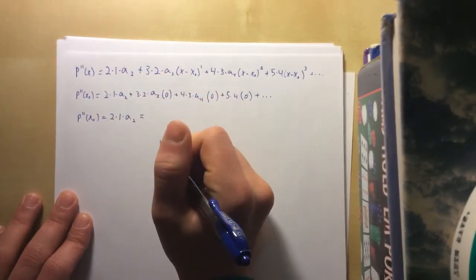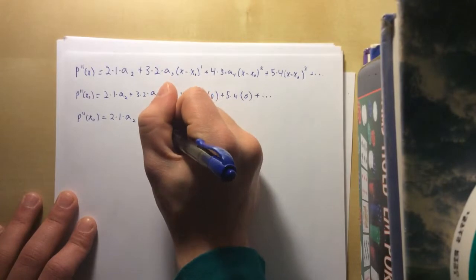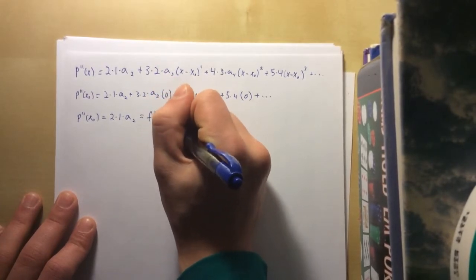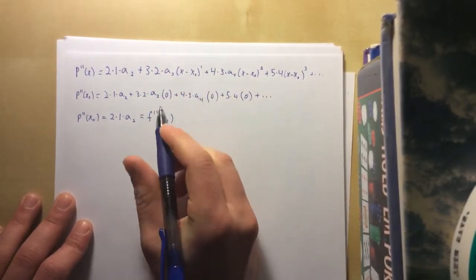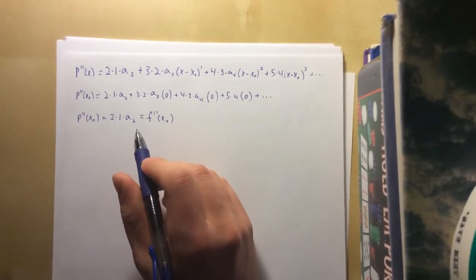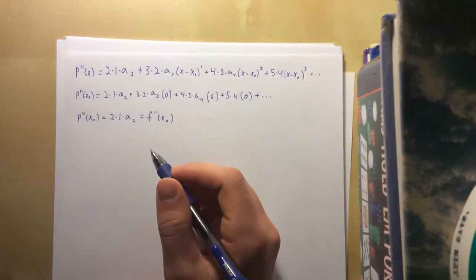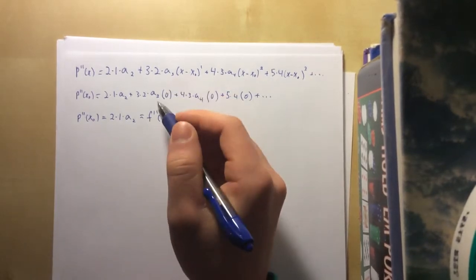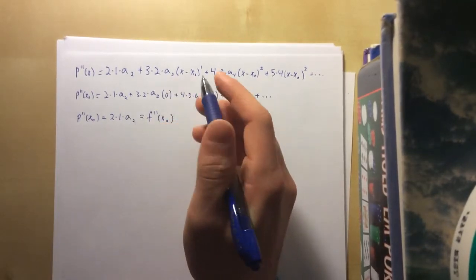And remember that that's equal to the second derivative of our function of interest, because p is a representation of f. And well, we want to solve for our constants. And if we want to solve for our constant, we'd have to divide both sides by 2 times 1.